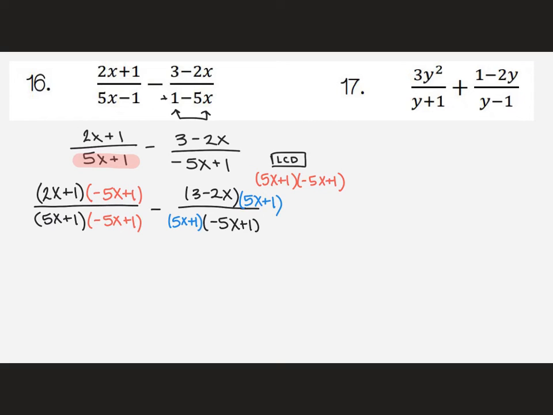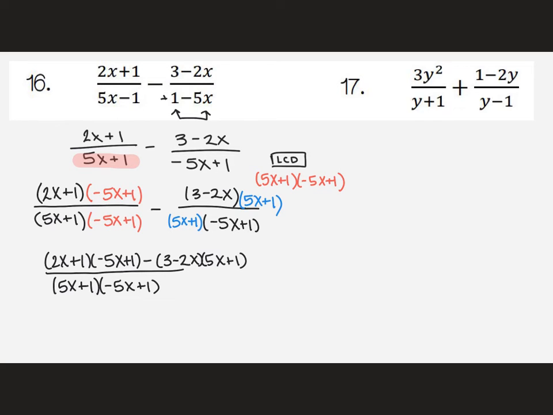Now that I have a common denominator, I can rewrite as one problem. So in my numerator, I have 2x plus 1 times negative 5x plus 1 minus 3 minus 2x times 5x plus 1. We want to distribute to simplify the numerator.